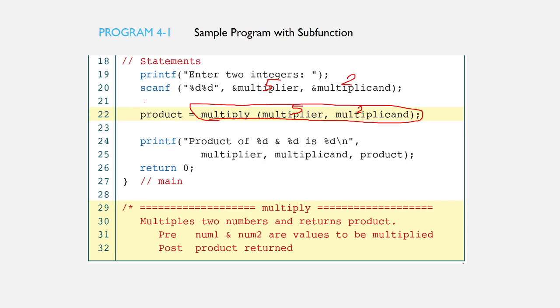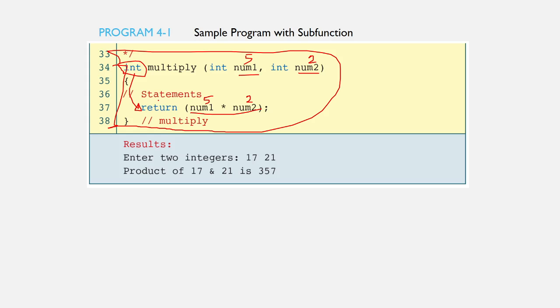Since we have here a local variable product that will be holding a copy of the value being returned by this function call, product now has a value 10.